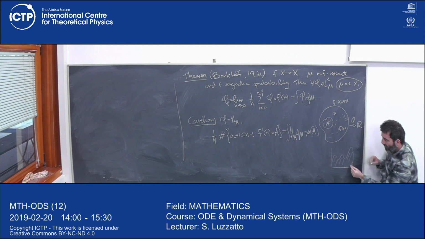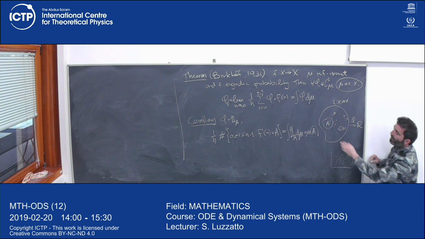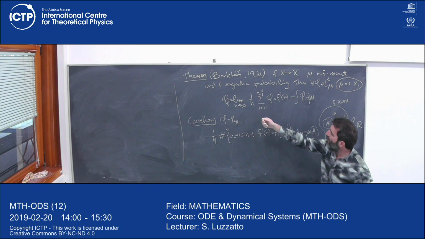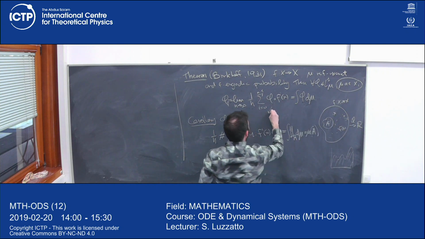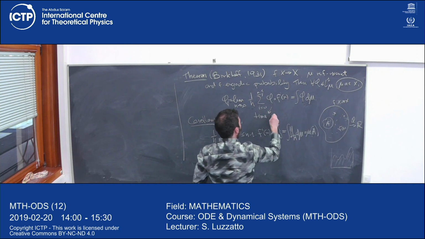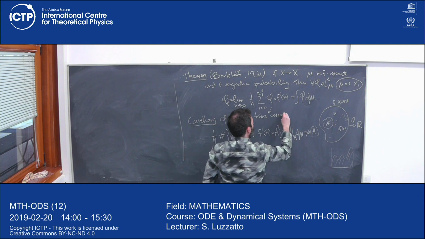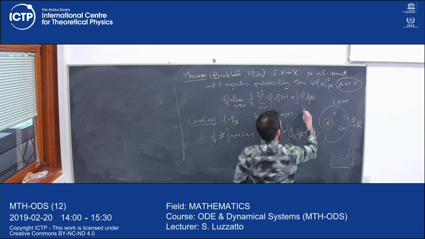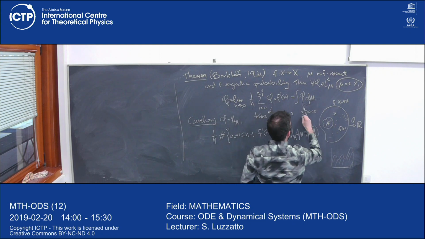It spends a certain amount of time here, a certain amount of time here, exactly in such a way that the average, this is sometimes called the time average of phi, and this is sometimes called the space average of phi.